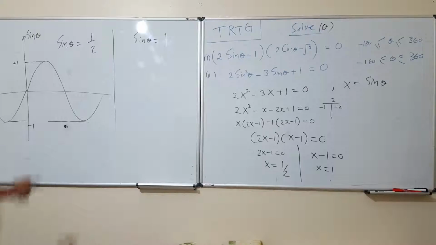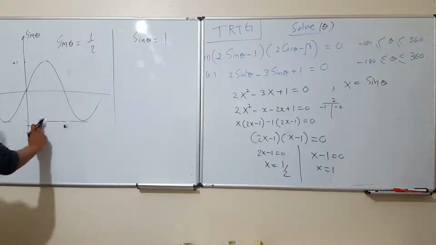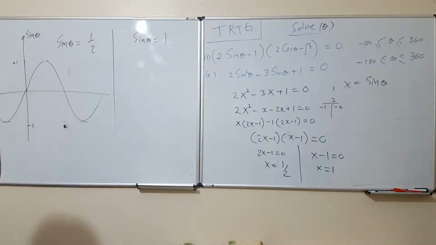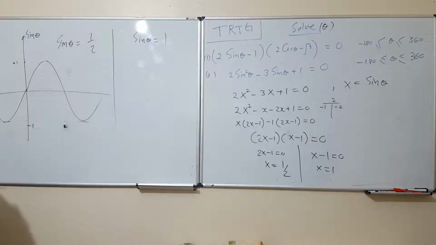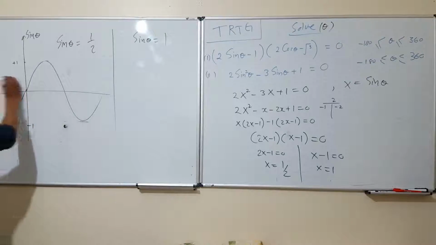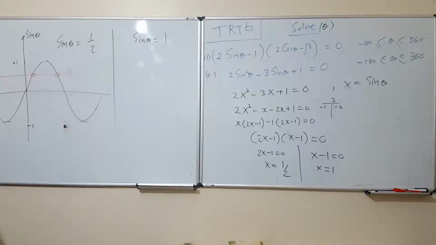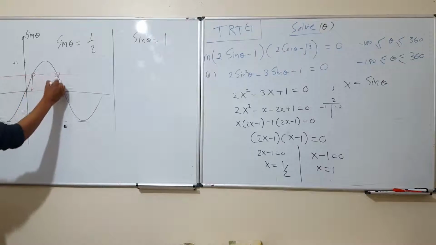Alright, so these don't get confused with these lines, they're just the lines minus 1 and plus 1. So sine theta basically is half, so I can just draw the line of half here. There you go, that's half. There are two places intersecting, but we are looking at the values where the intersection occurs.